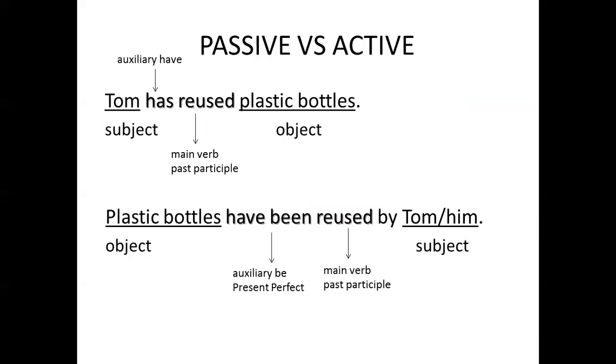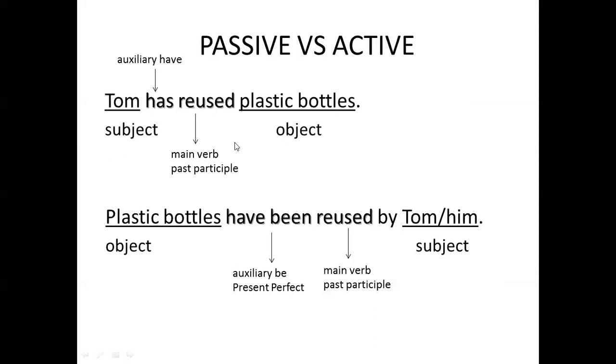Okay, let's check the first example. The idea is passive versus active. The first sentence, Tom has reused plastic bottles, is in active voice. Why? Look, it is shown that Tom is the subject and is the most relevant part.